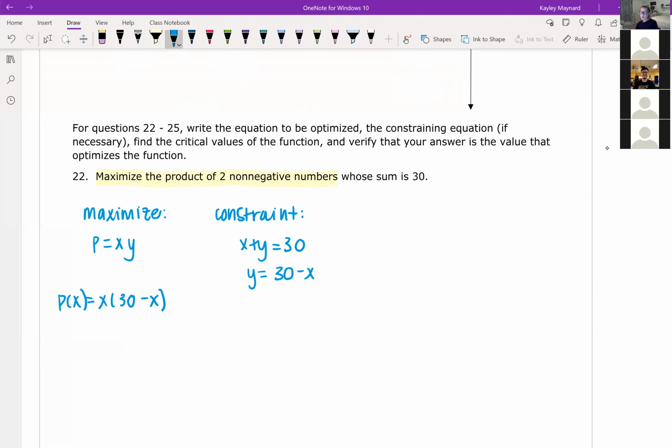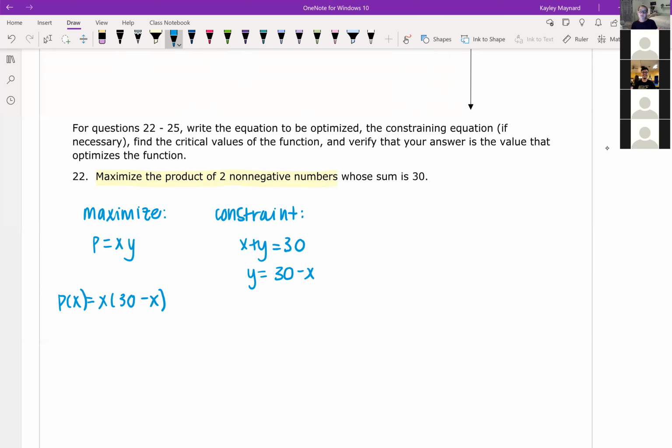Lastly, you do want to find the domain. And that comes down to the fact that whenever we find critical values of a function, we always want to talk about the domain, because if your critical values are not within the domain, then you can chuck them out. So once you find this equation here in terms of one variable, go ahead and identify what the domain is. So your domain will have to do with the information that you're given.